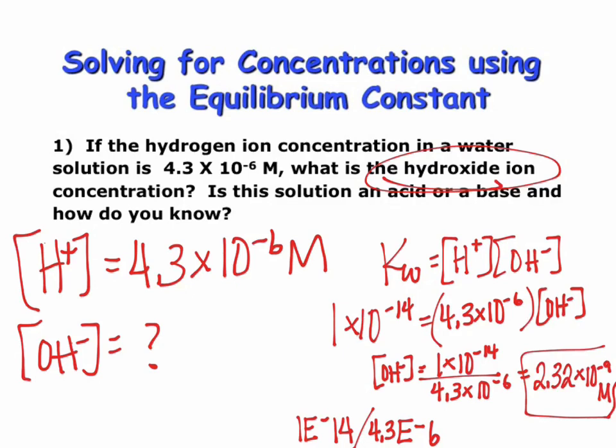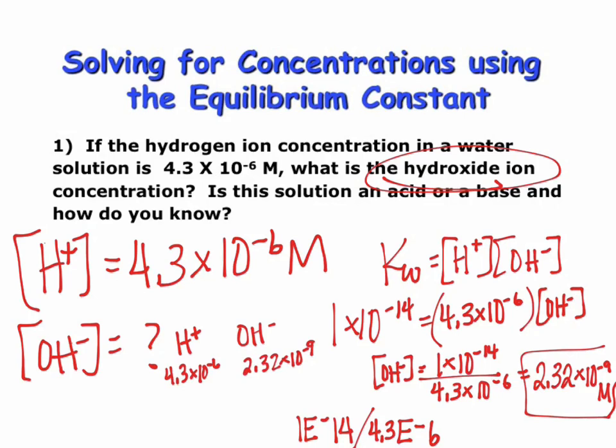The other thing is, is this acidic or is it basic? So what I like to do here is we know H plus and OH minus. H plus in this situation, we are just told it's 4.3 times 10 to the minus 6. OH, we just found, is 2.32 times 10 to the minus 9th.